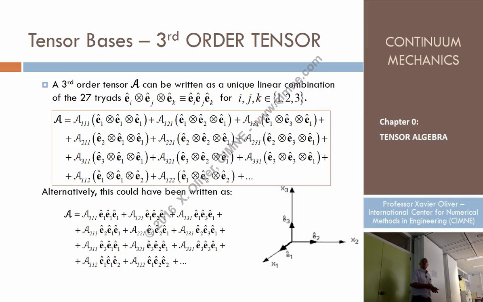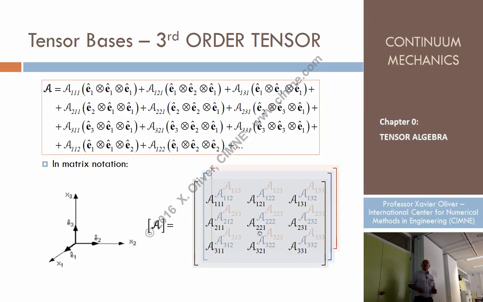The linear combinations of these triads then return third-order tensors. And the coefficients can be represented in a 3-dimensional matrix. I need some perspective, I'm not able to do that in 2 dimensions, but that would be the matrix of components of the third-order tensor.